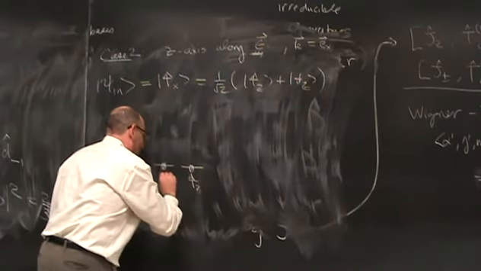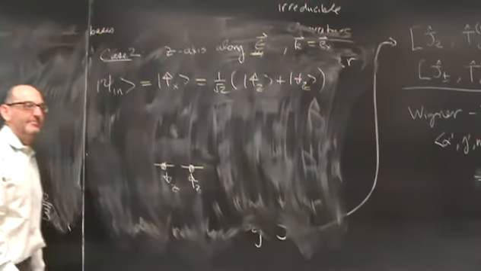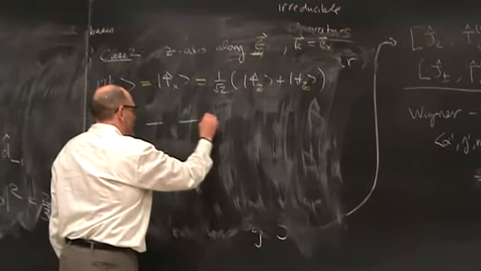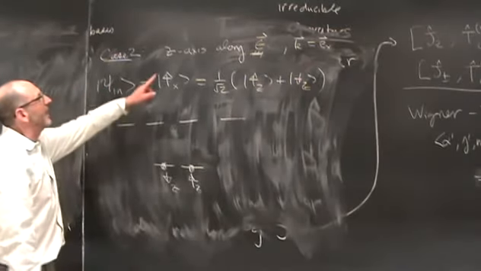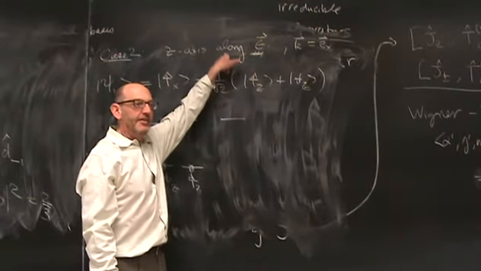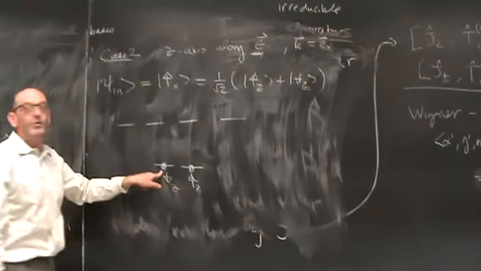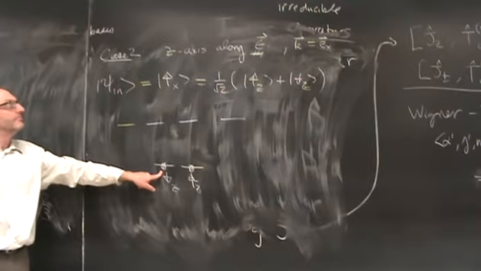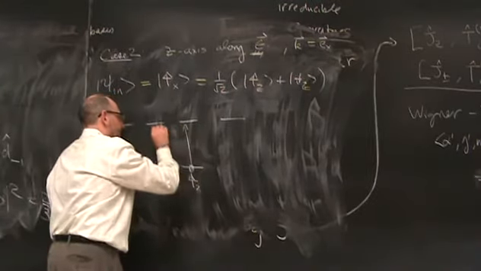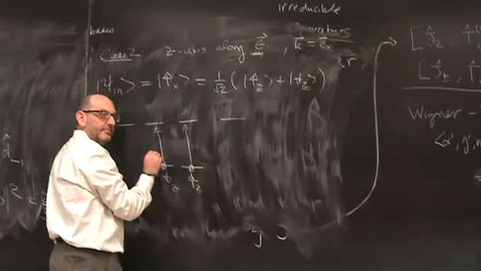I drive the system with linear polarization along z. Which transitions do I drive? 1/2 to 1/2, maybe 1/2 to 1/2. Exactly, the pi transitions.